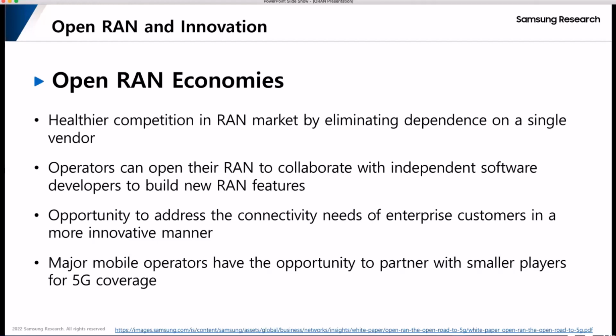Operators could also partner with smaller network providers to increase their 5G coverage because of this open interface. Even though the smaller network providers would be making use of different hardware or software, because of these open interfaces, there would not be much problem with communication with a bigger network. So this would also lead to addressing the connectivity needs of enterprise customers in a more innovative manner.